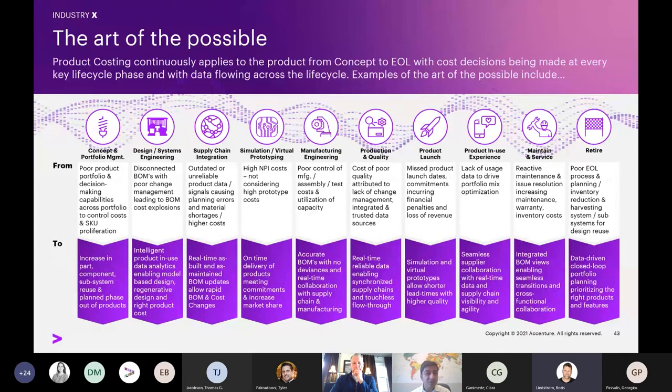This particular slide shows you that product costing has to be optimized throughout the product lifecycle, and it is much more difficult to do than showing this on a page, because probably 60 to 70% of the product cost is decided much earlier in the product's lifecycle. And to sustain it with product changes and customer expectation changes, you need a mechanism across the life cycle that we call the digital thread.